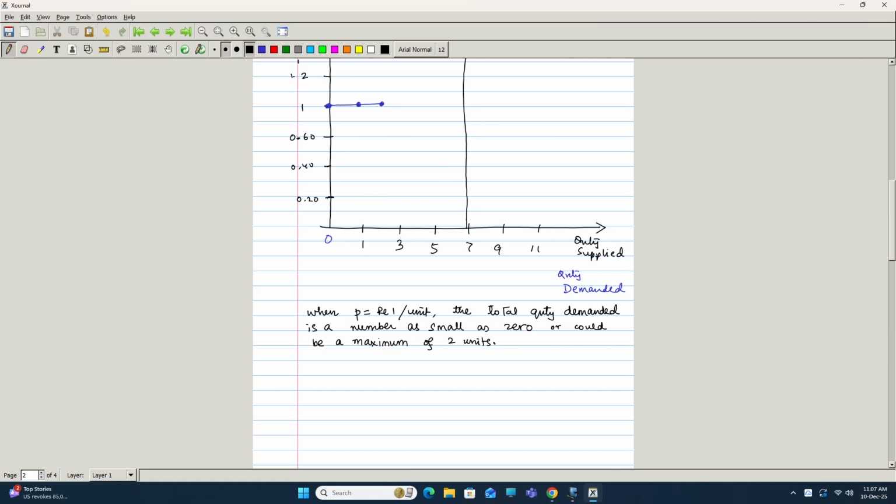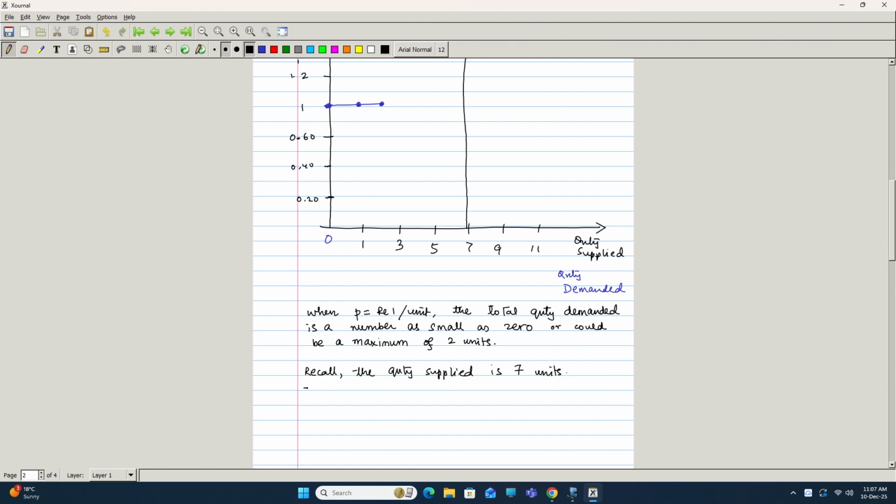So, now the total quantity available is 7 units, right. So, recall the quantity supplied is 7 units. The maximum quantity demanded at a price of 1 rupee per unit is 2 units.